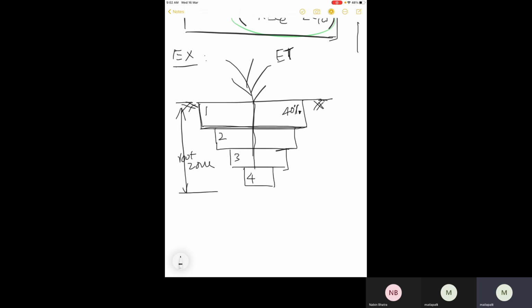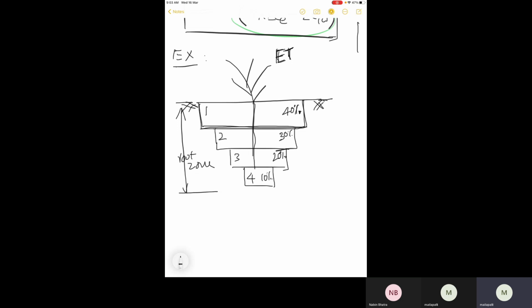So the evapotranspiration contribution, you have to understand what is the contribution of ET from the soil root zone. From the first quarter, generally 40%, second quarter 30%, third quarter 20%, and the last quarter 10%.